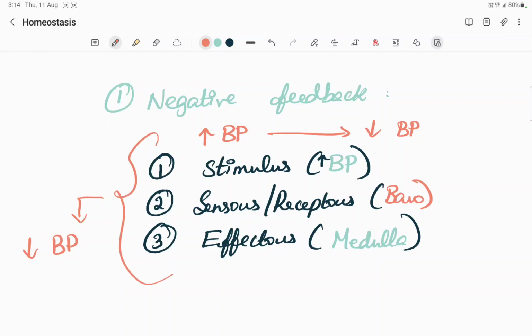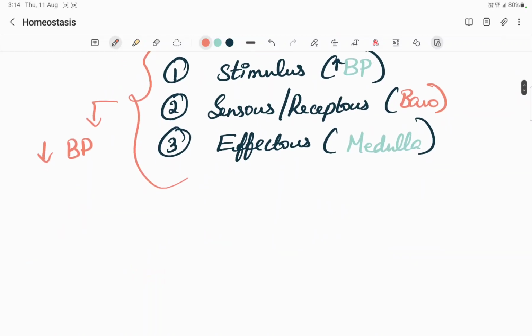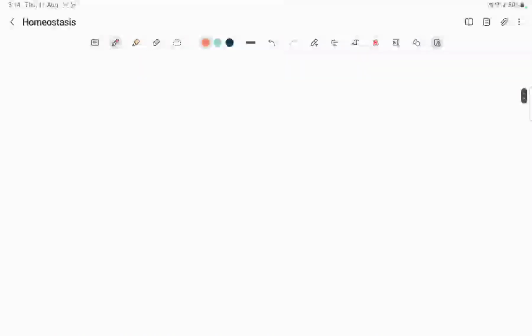Apart from this, we have other examples of negative feedback mechanism. One is blood glucose regulation.